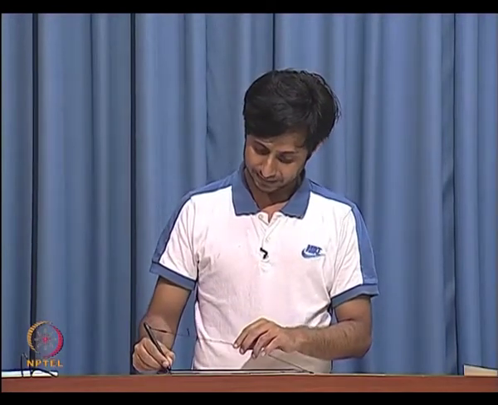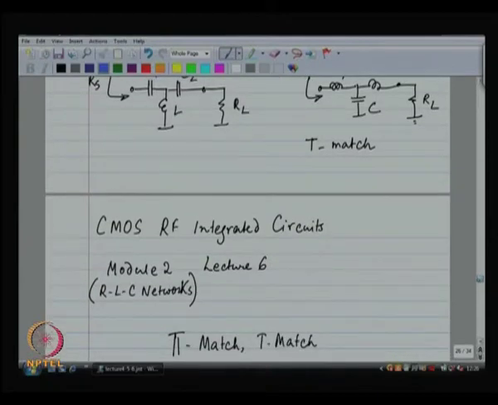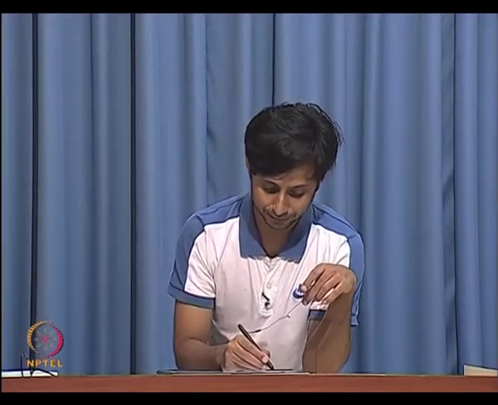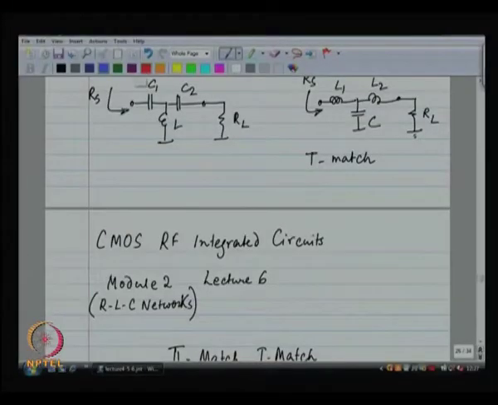Then there is the T match. What does the T match do? Well, the T match is, which one will I favor? Will I favor this one, or is this going to be favored, or is this going to be favored? You are right, this is going to be favored more, because whenever I place that inductor over there, automatically there is going to be a parasitic capacitance to ground, which I will be very hard pressed to figure out what to do with it.